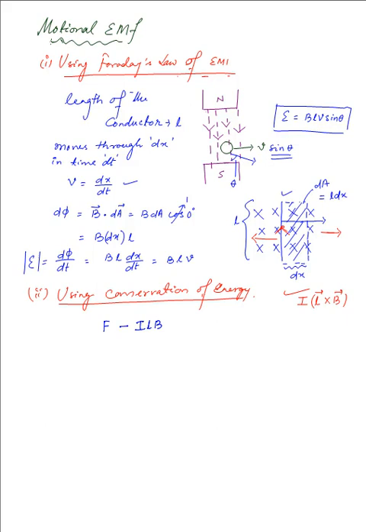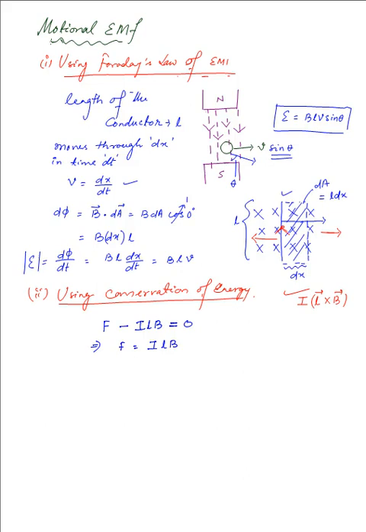So obviously they are at right angles. So ILB sine 90, and sine 90 goes to 1, and this net force that we are going to get will be 0. As a result, F will be simply equal to ILB in terms of the magnitude.